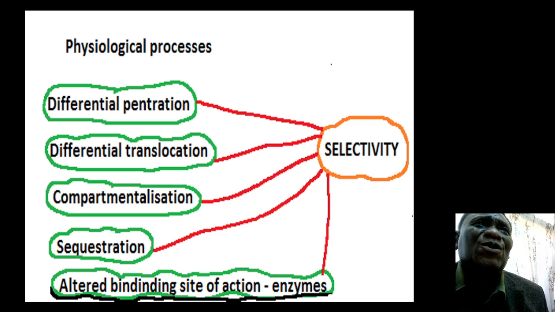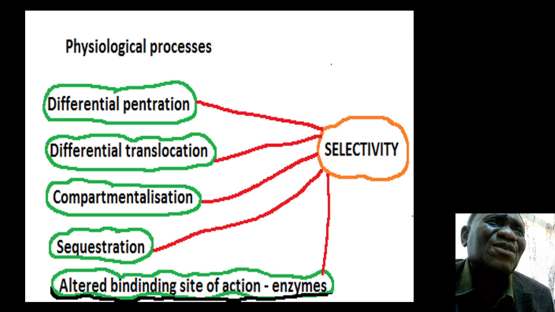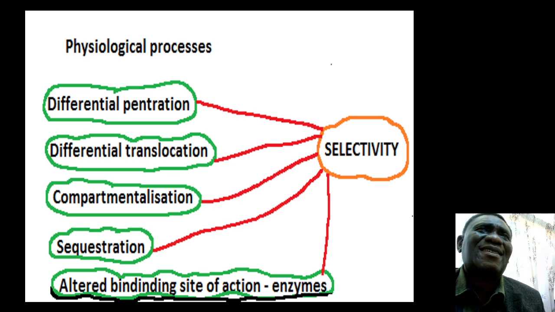So what can produce selectivity? It can be differential penetration across the cuticle, or differential translocation movement within the plant. Also issues like compartmentalization and sequestration can contribute to selectivity.